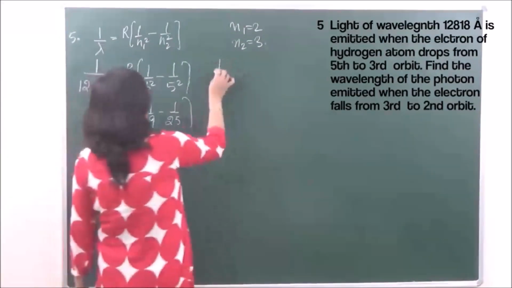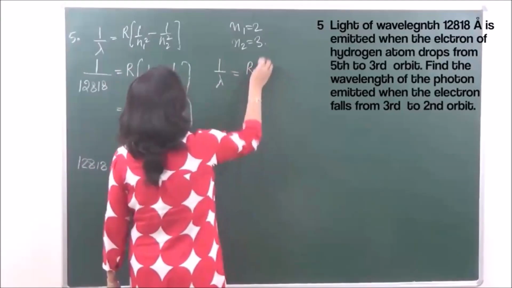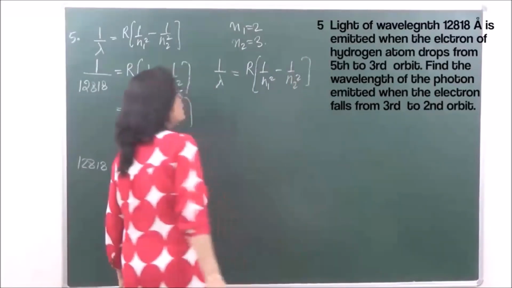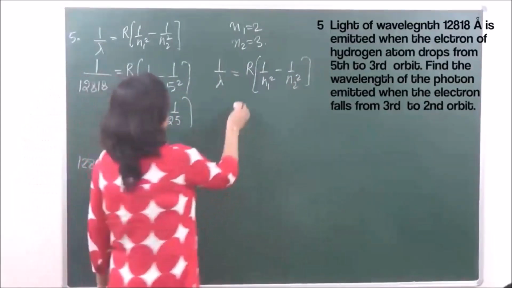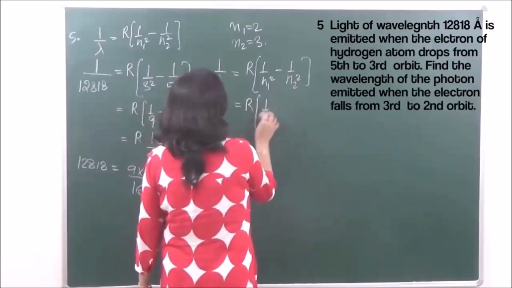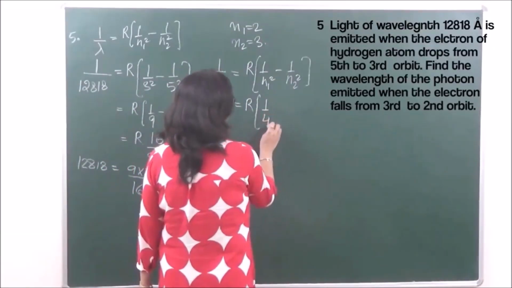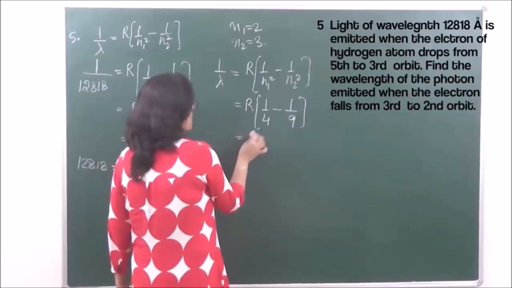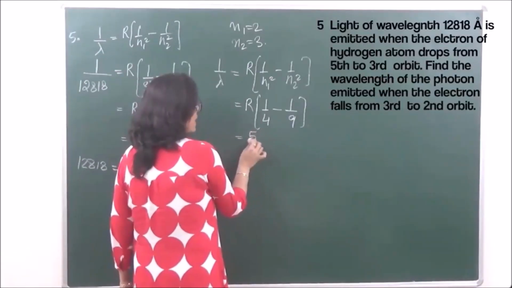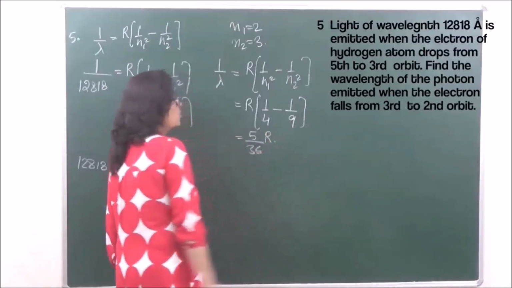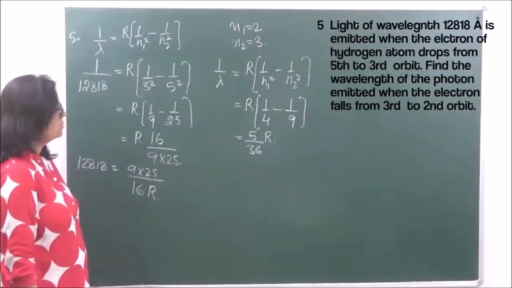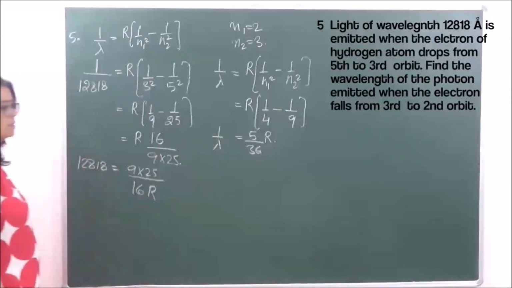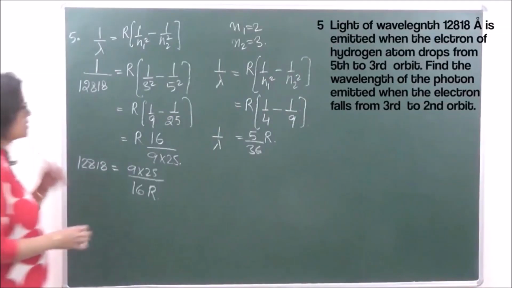We have 1/λ = R(1/n1² − 1/n2²). This becomes R(1/4 − 1/9), which equals 5R upon 36. And λ will become equal to 36 upon 5R.